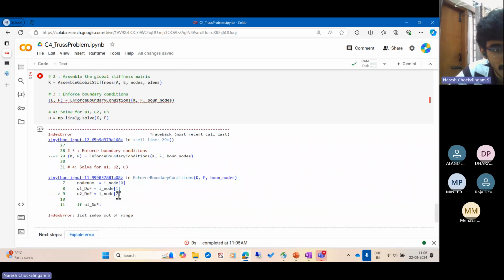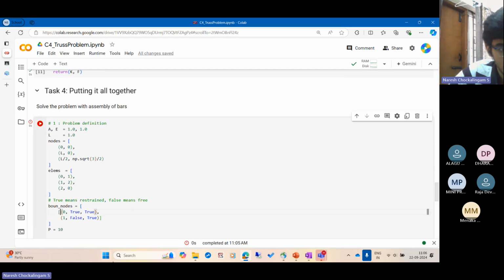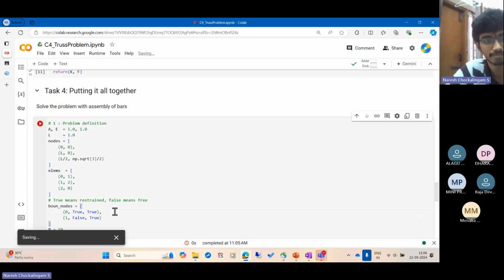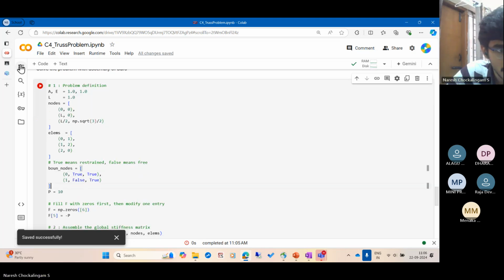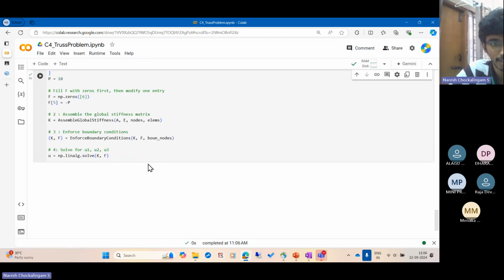Why is it out of range? I node of. Oh, there are two. Yeah, so there were two sets of brackets. That was the issue. Let's rerun it. Yeah, so it ran without any issues.